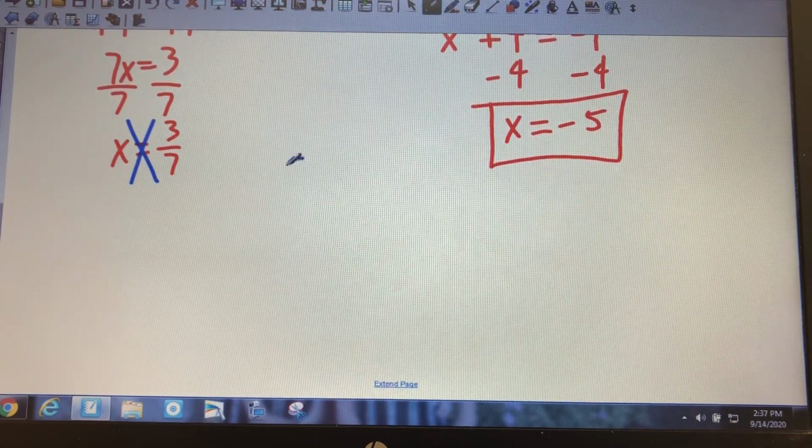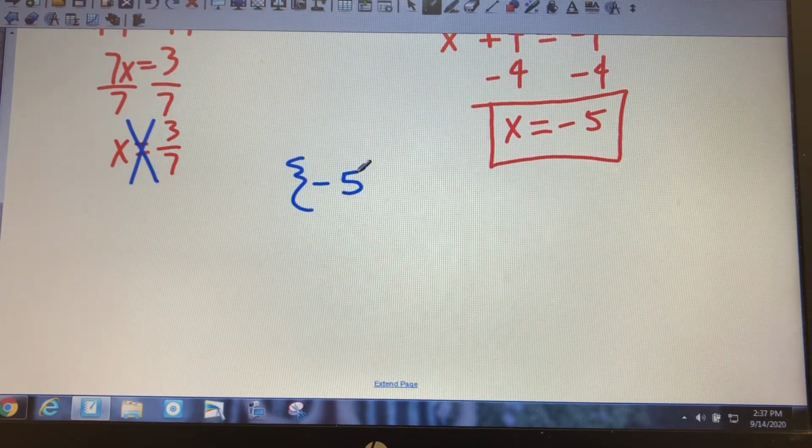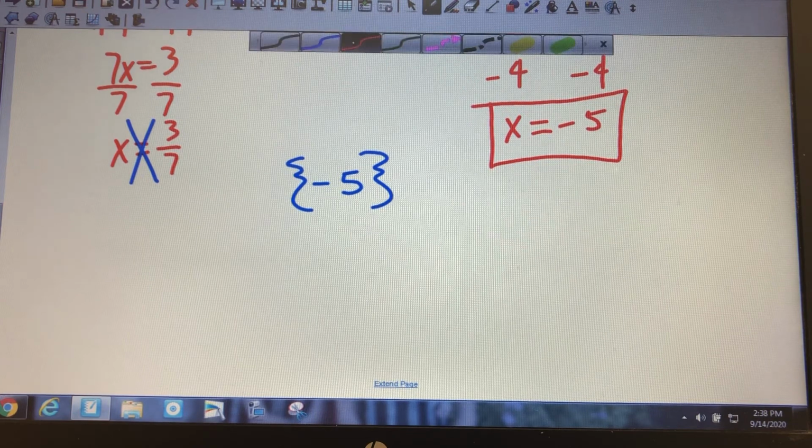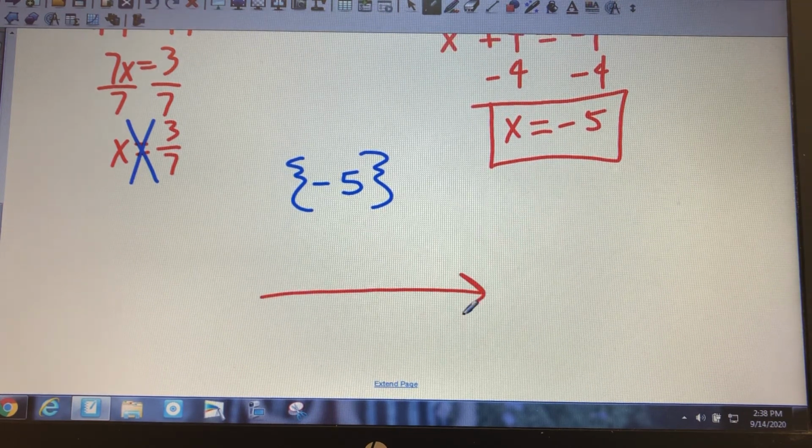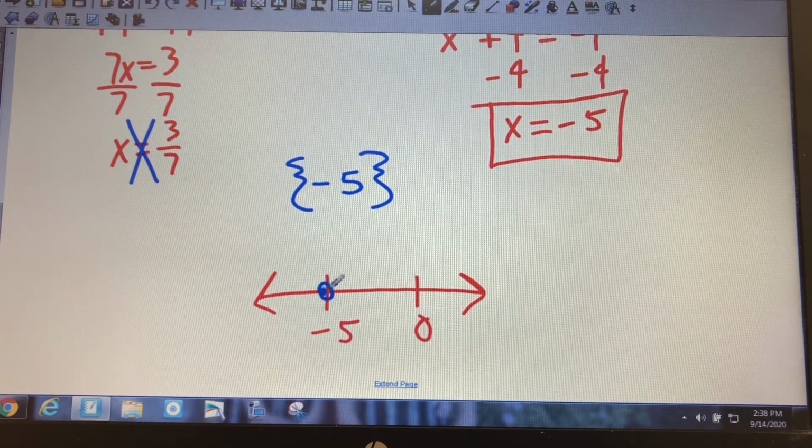So we only get one solution here of -5. Okay, and if we look at it on a graph, it's just going to be one dot right there. However, remember, with absolute value equations, you will generally get two answers. Just like equations you did in Algebra 1, always check your answers. And that will conclude Unit 2, Day 2.